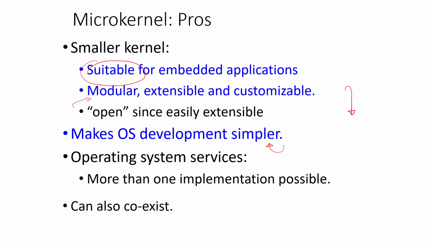But as I have argued in the previous lecture, this point is somewhat debatable, right? One camp may say that a monolithic kernel is better, the other camp may say that a microkernel is better. And of course, for operating system services, no doubt more than one implementation is possible. So, a lot of flexibility is given over here.